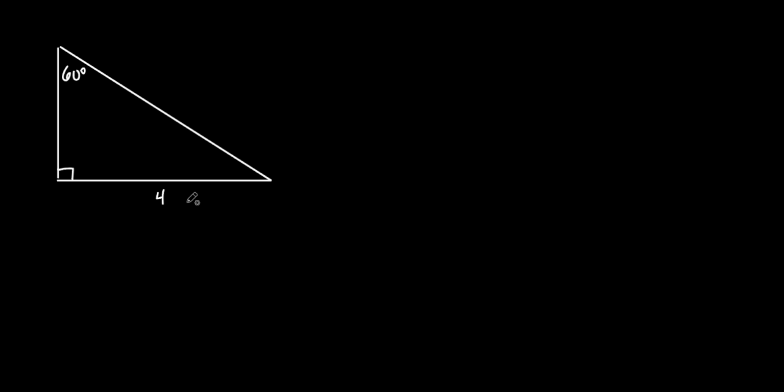And I think that's all they give you. Okay. So, do you remember the relationships on a 30, 60, 90 triangle? This is your short side right here, okay? This is your long side. What's the first thing I can find very super easy?